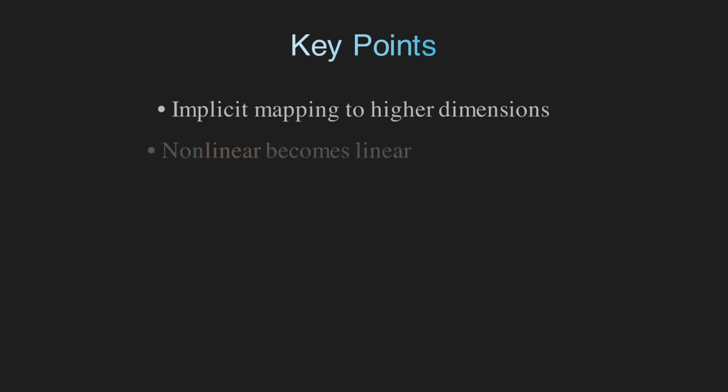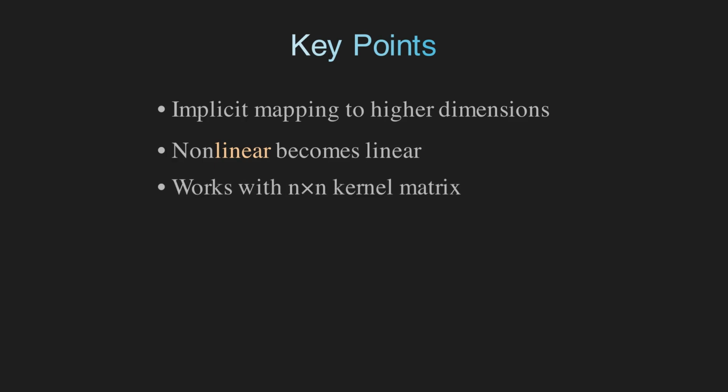To sum up, the kernel trick allows us to implicitly map our data into a higher dimensional feature space, where non-linear relationships can become linear, while working only with an n cross n kernel matrix.